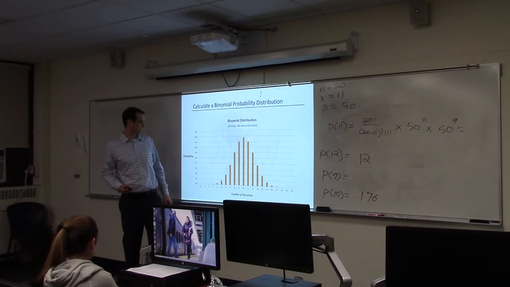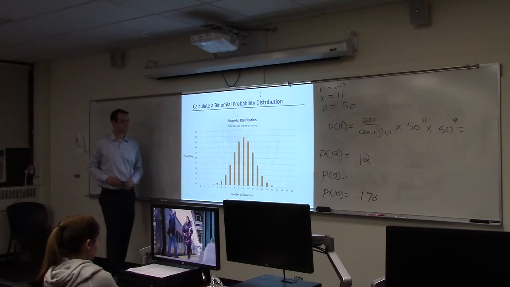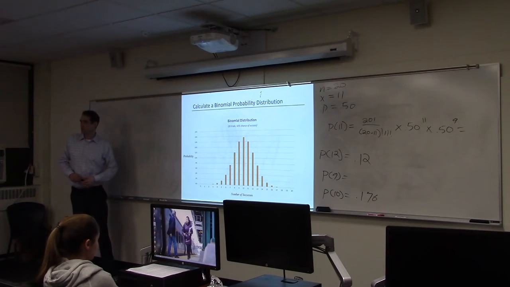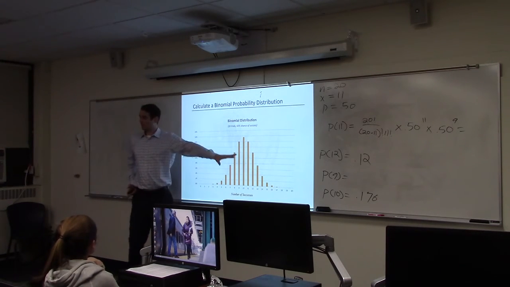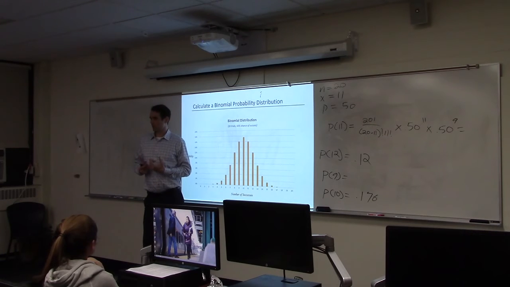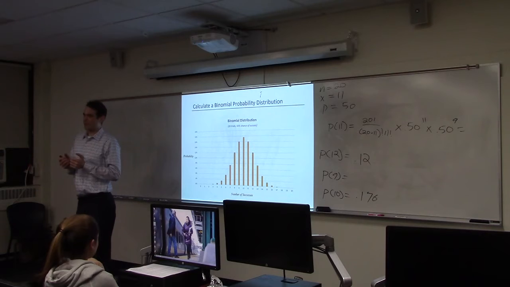And for 9, the answer should have come out to just a little under 16%. We may not have gotten all these answers, but we got a few of them, and you knew how to set these up. If you had some more time, you could crank out each of these.